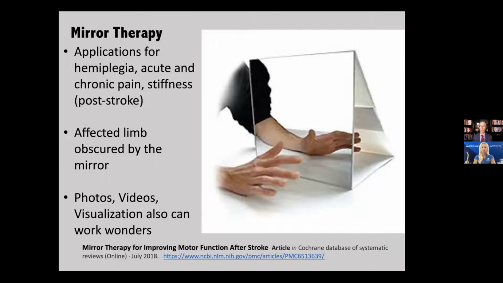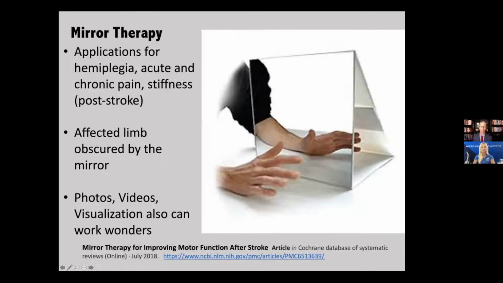You can do it up and down. You can wiggle your fingers. You can have someone help you and do a stroking inside the mirror and outside of the mirror. And all of a sudden, if you play the game and let the illusion work on you, you'll notice your pain will go down.